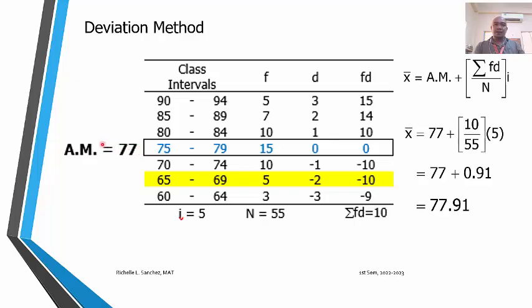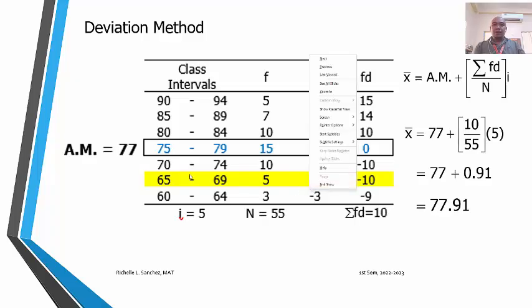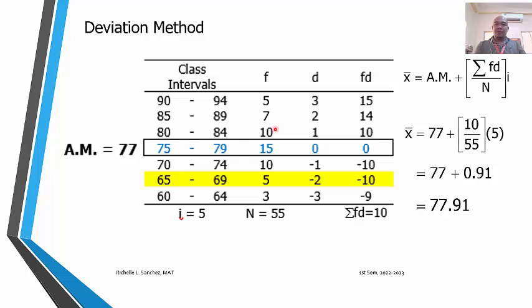So this is now our assumed mean. This is our assumed mean here, so the deviation from the mean is 0. Above it are 1, 2, 3, and below it are -1, -2, and -3. So this is how d is constructed.